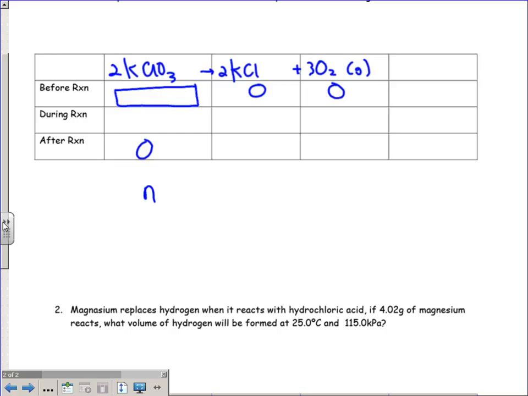So moles of oxygen, remember it's the ideal gas law, we have to use that for gases. Let's see, PV equals nRT, so n is equal to PV over RT. R is on the bottom, so I'll put 0.0821 atmospheres times liters over moles kelvins.